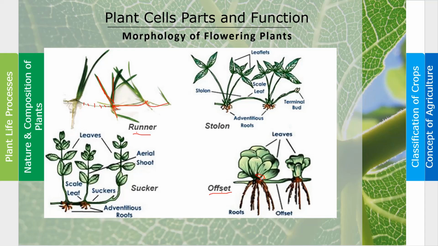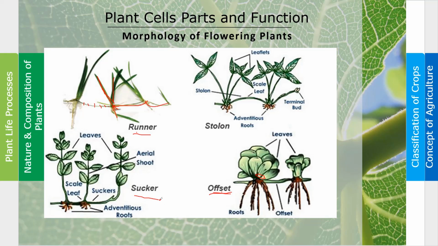So that swollen portion is actually what we call aerenchyma. So that aerenchyma in water hyacinth is filled with air so that the plant will float, okay, sa surface ng water. And so, yun lang naman, offset. These are aquatic.